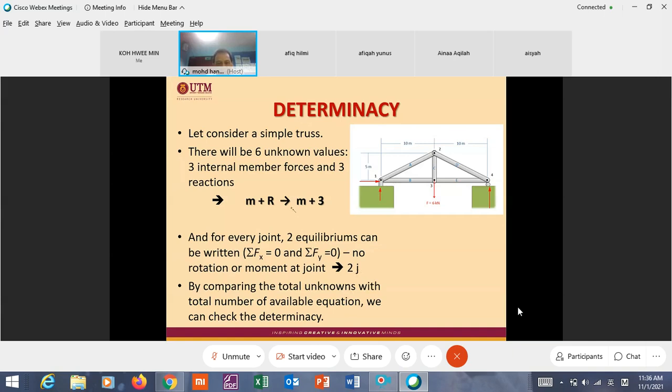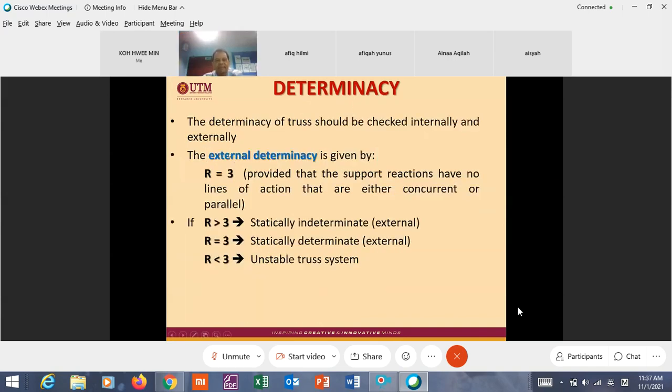By comparing M plus R with 2J, we can determine whether it is determinate or indeterminate, or whether it has redundancy or not. We'll come to the example later on.